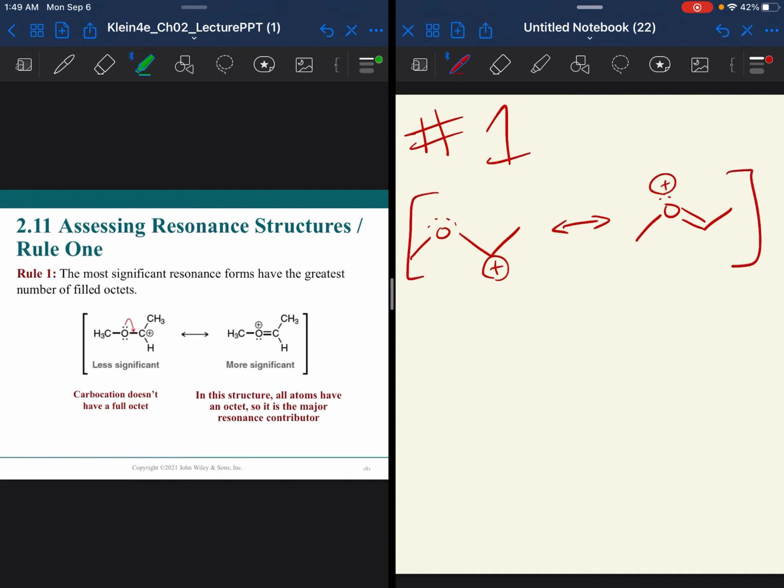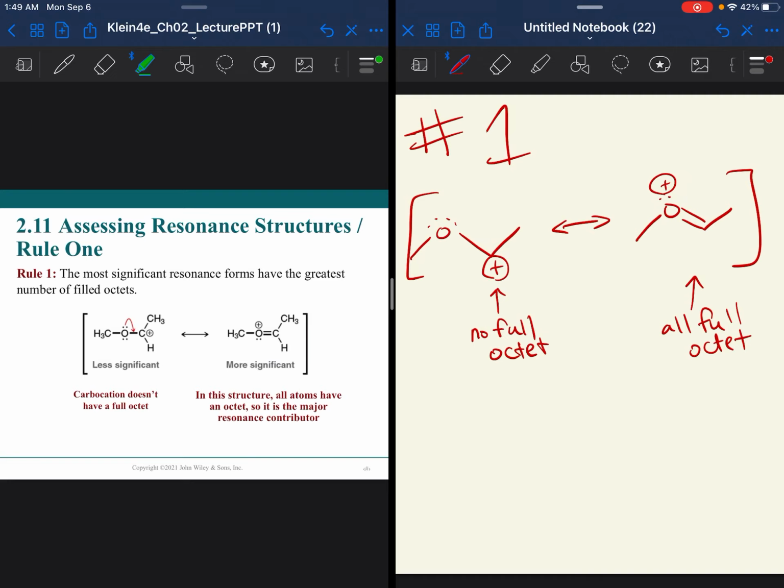These are not equivalent because the carbon does not have a full octet, right? And in this one, all of the atoms have a full octet, right? Except for hydrogen, which is fine.